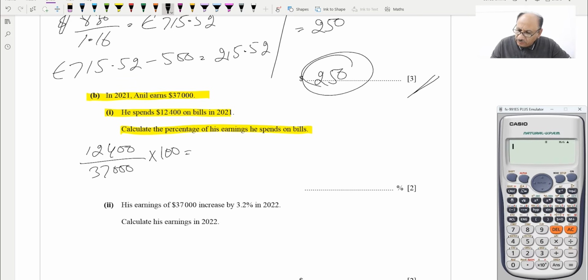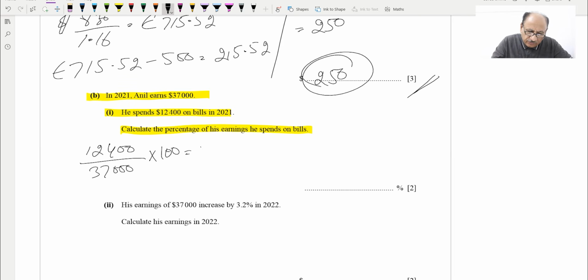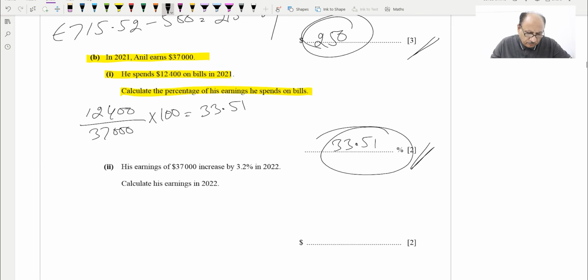So this will be the fraction 12400 divided by 37,000, multiplied by 100, and this gives us 33.51%. This will be 2 marks.